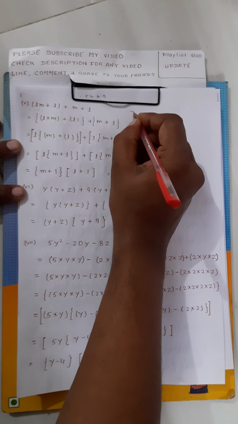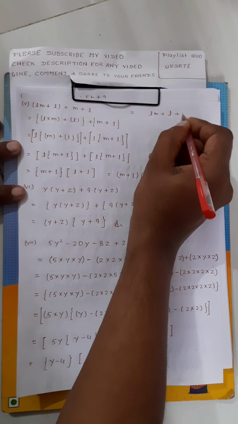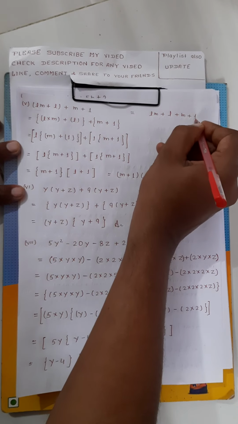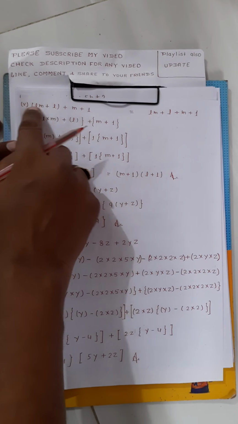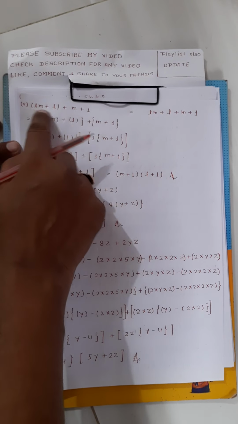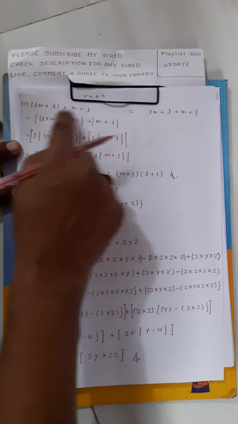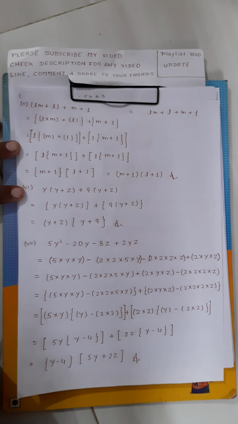Our value becomes lm plus l plus m plus 1, because there is no multiple value outside of this bracket, so we can directly remove this bracket and write these things.